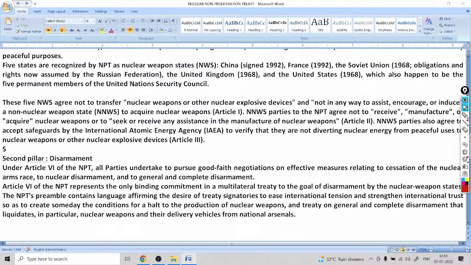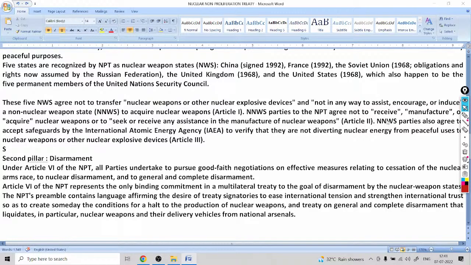Okay. These five nuclear weapon states agree not to transfer nuclear weapons or other nuclear explosive devices and not in any way assist, encourage, or induce a non-nuclear weapon state to acquire nuclear weapons. Nuclear non-weapon state parties to the NPT agreed not to receive, manufacture, or acquire nuclear weapons or to seek or receive any assistance in the manufacture of nuclear weapons.